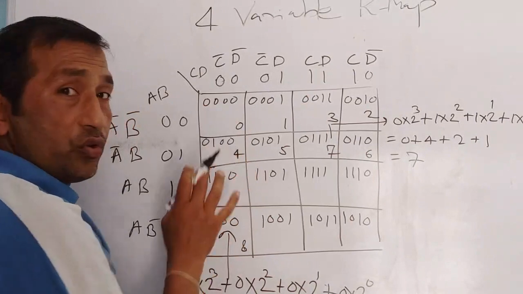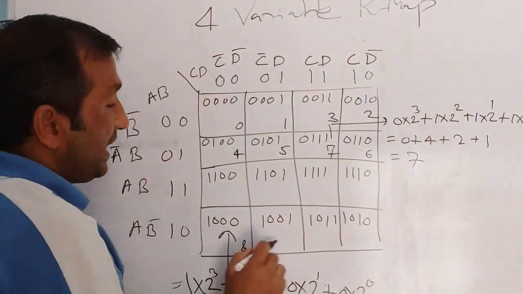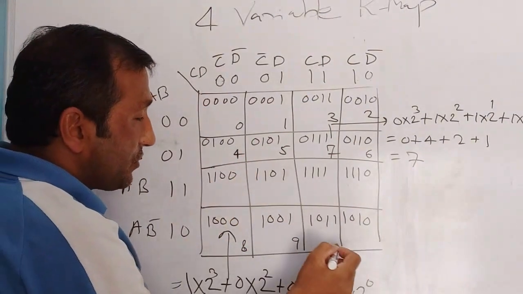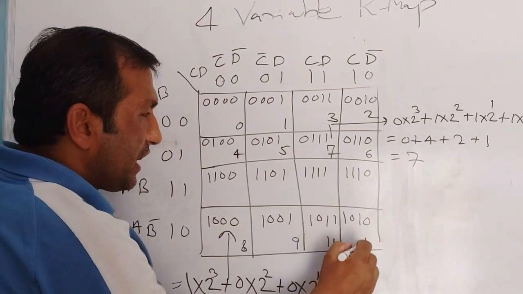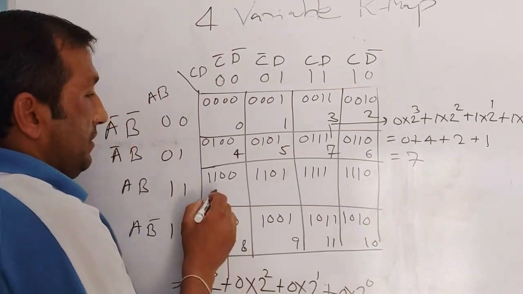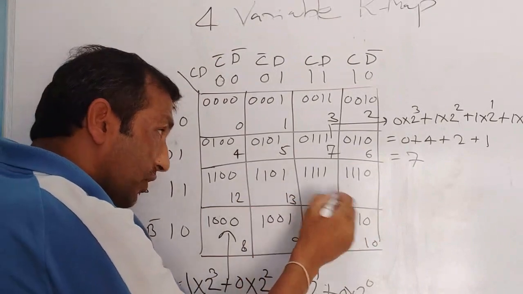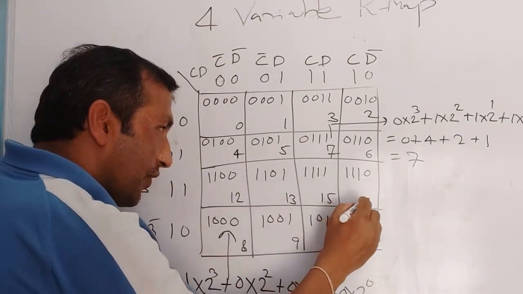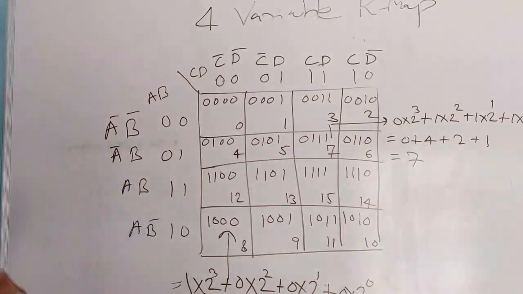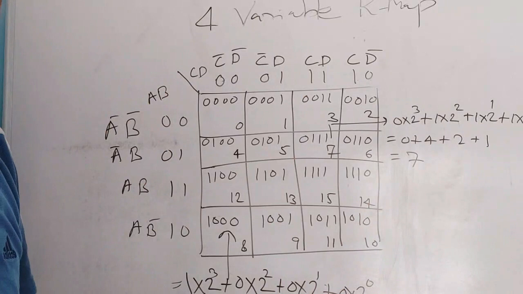After the second row you go to the fourth row: 8, 9, jumble the last two, 8, 9, 11, 10. Then come back to 12, 13, not 14, 15, but 15, 14. So this is the gray code for a 4 variable K-map.